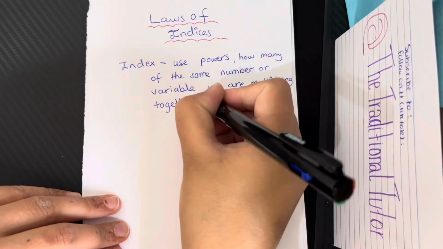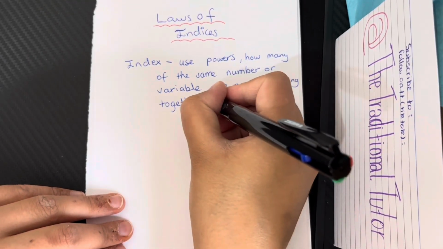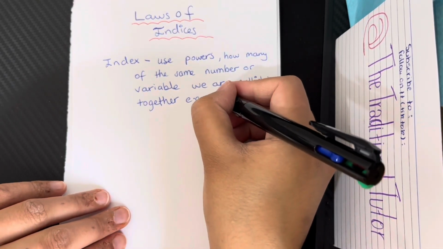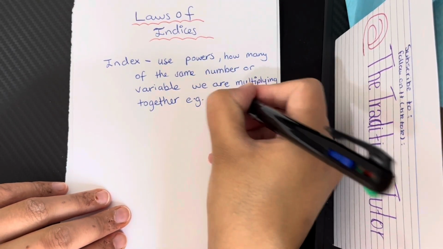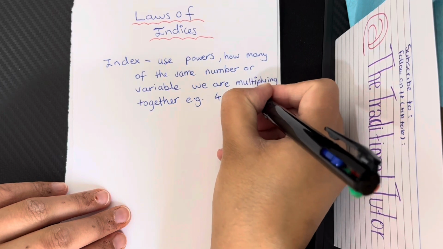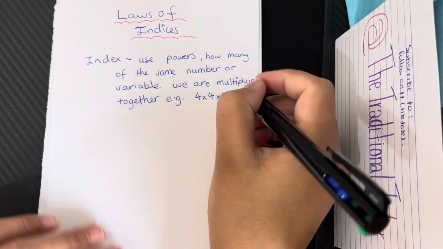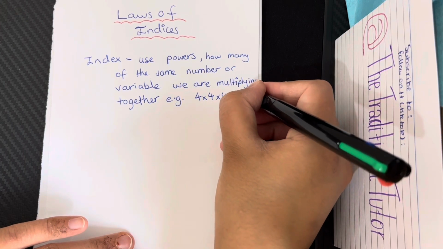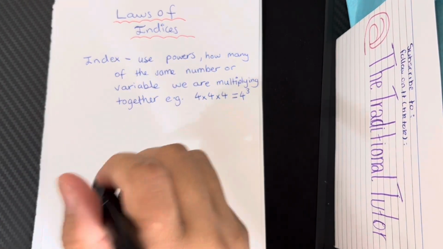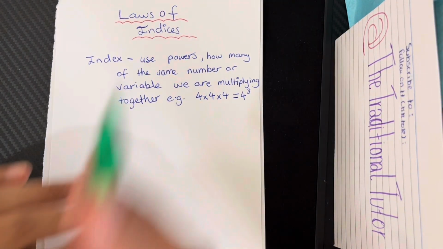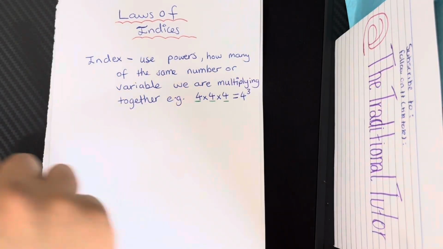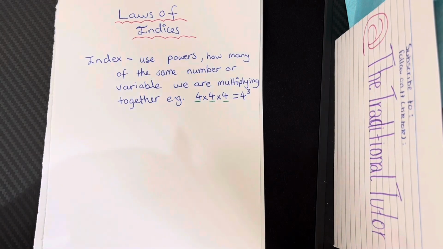For example, we could have 4 times by 4 times by 4. Written using indices, that would be 4 cubed, because we've got 3 4s that we're multiplying together, so that's your 1, 2, and 3 4s. That's just with the normal number.